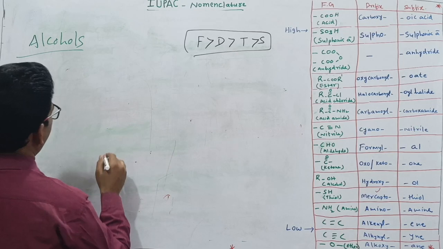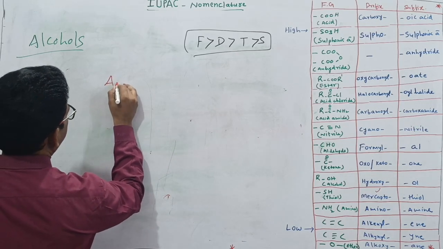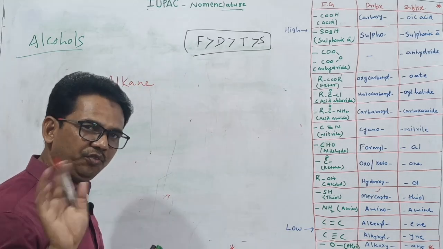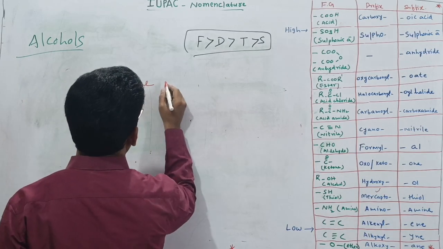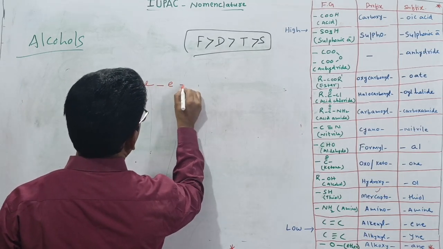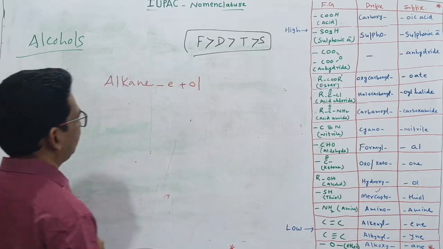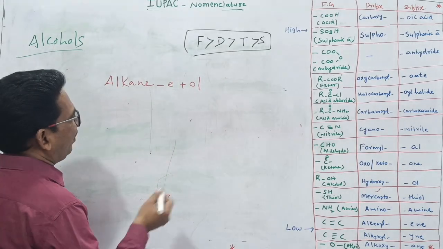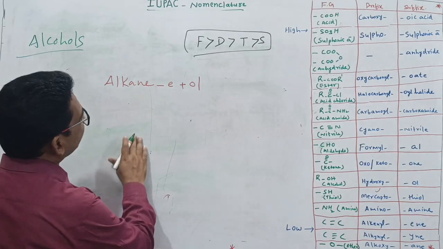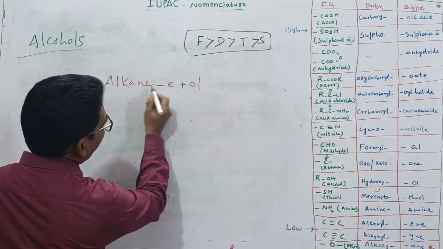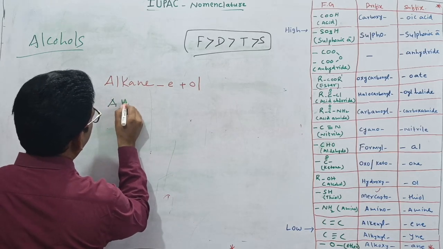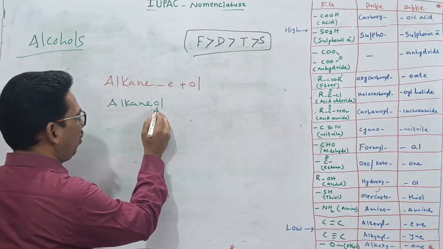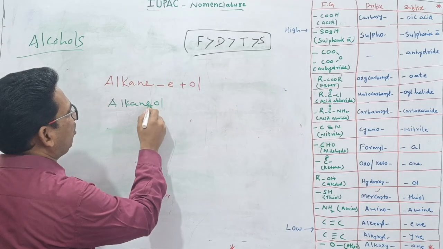Alcohols, how we are writing the IUPAC name means alkane, because alcohols are also derived from the alkane minus E plus ol. क्यों minus E? Why is it minus E? Because E and O come together when I write like this. See, alkane, ol. Alkaneol you cannot write. E and O come together.